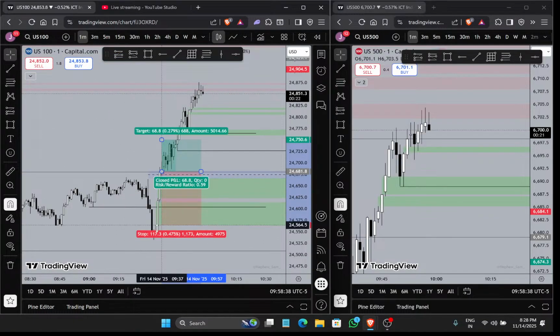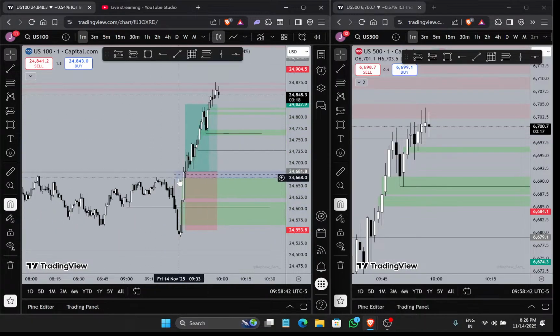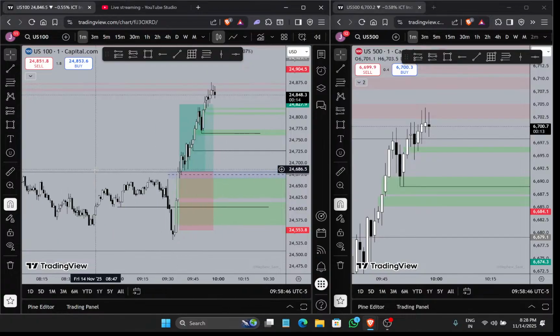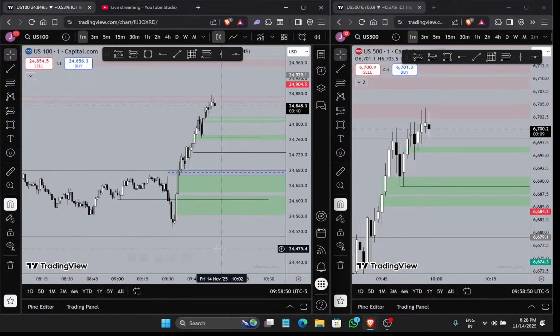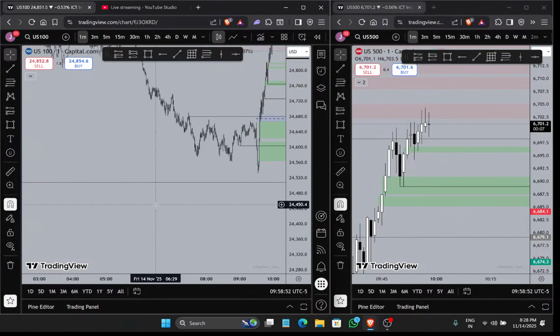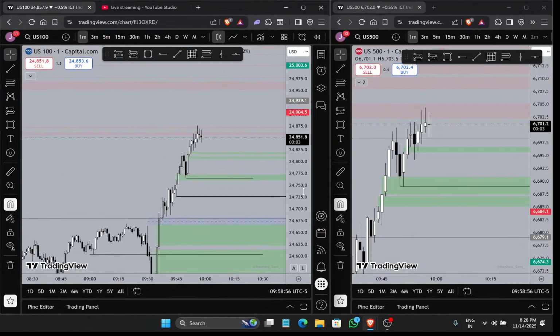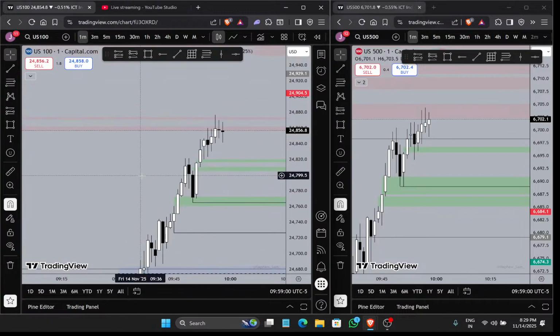Put our stop here and we go for 1 to 1. But the thing is, we are already near the break even point, so we may not get it. And we left this 15-minute equal lows here, so not a good idea to short. Very long. Okay, this is slowing down, man. Crazy.